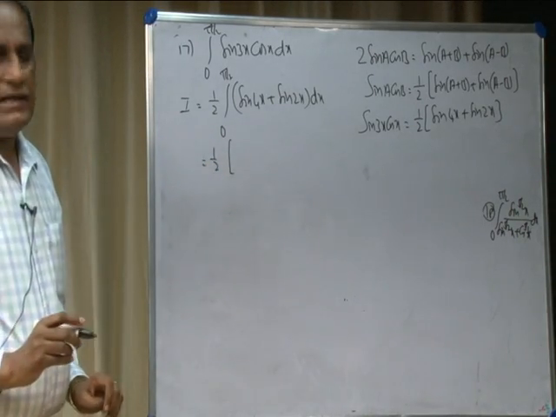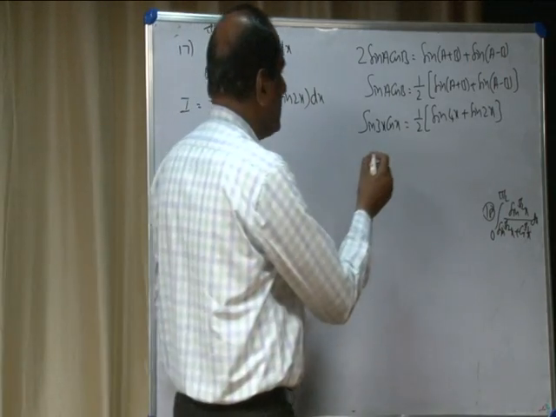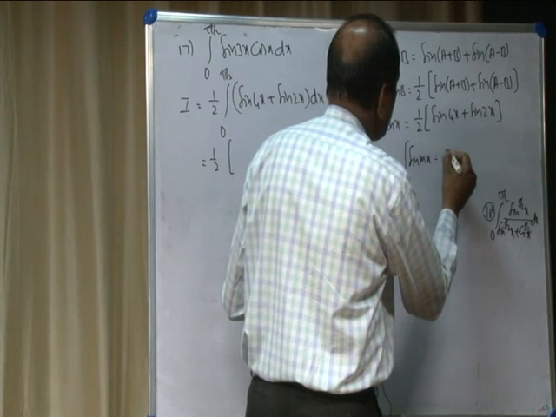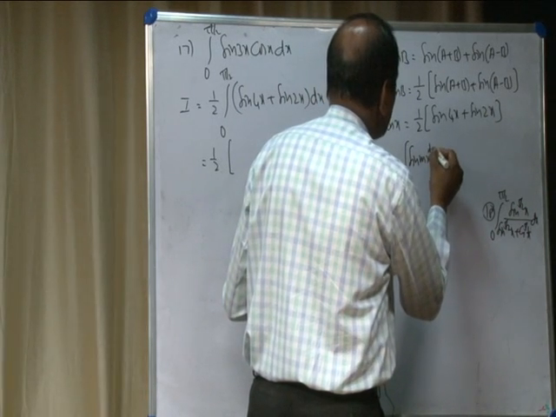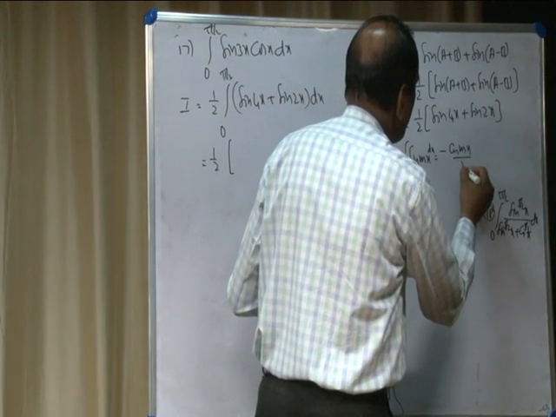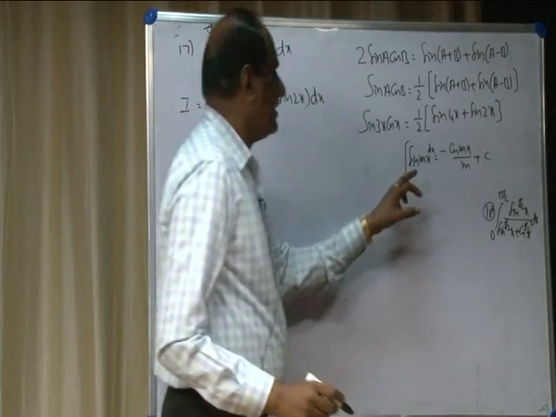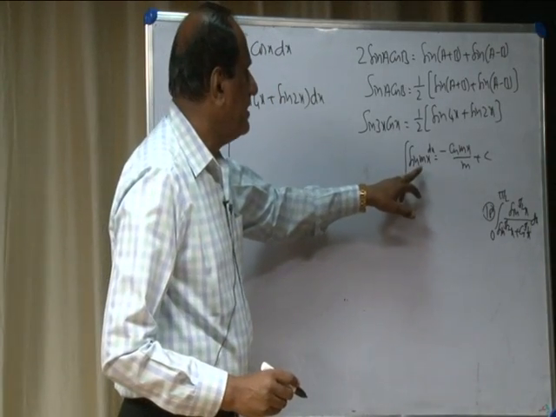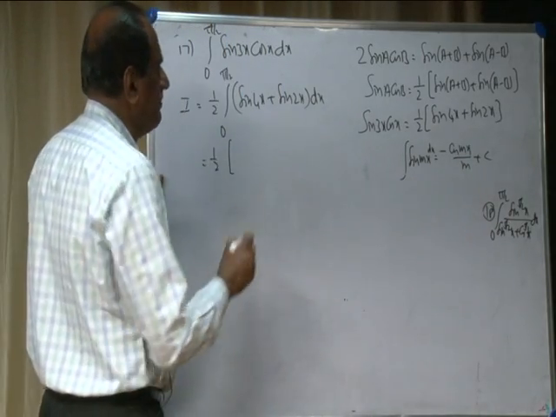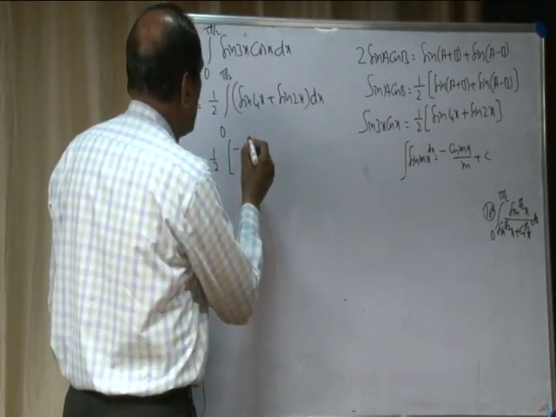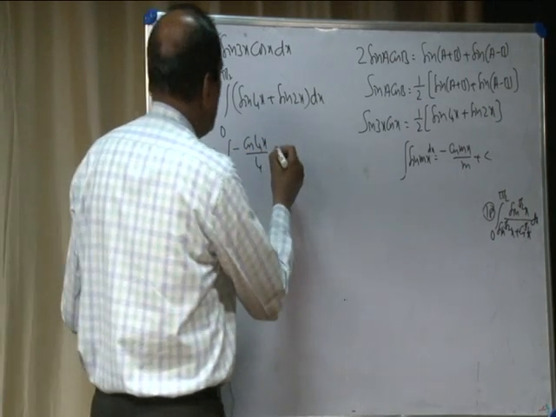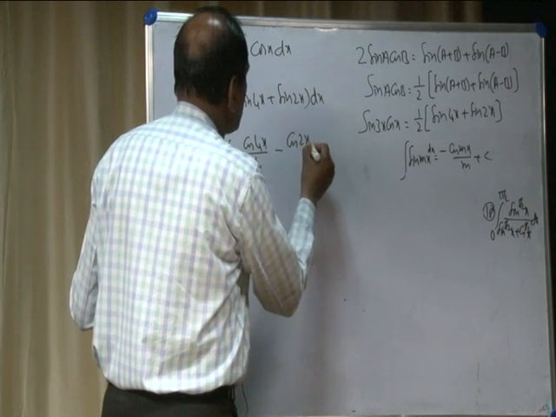So, that is half into the integration of sin 4x. See here, the integration of sin mx dx is equal to minus cos mx by m plus c. So that is minus cos 4x by 4 minus cos 2x by 2.